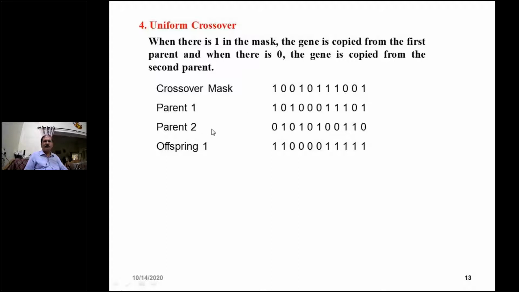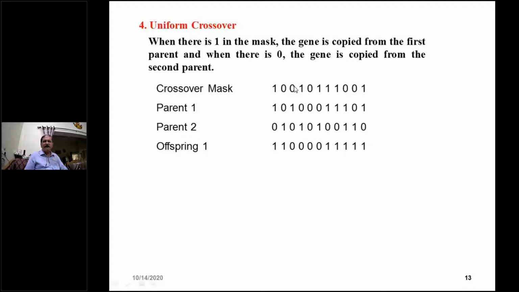Parent 1 and parent 2 are there. Now for the offspring, what will happen? 1 is appearing in the crossover mask, so the information from the first parent is to be selected, so 1 is selected. Then the next digit is 0 in the crossover mask, so the information from the second parent is to be selected, so 1 is selected.